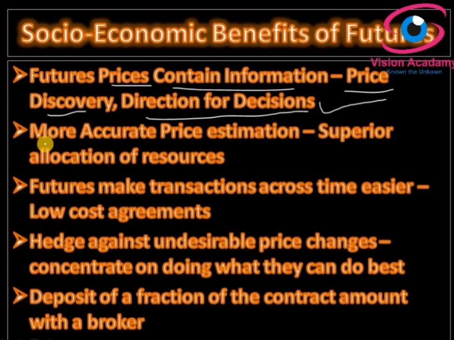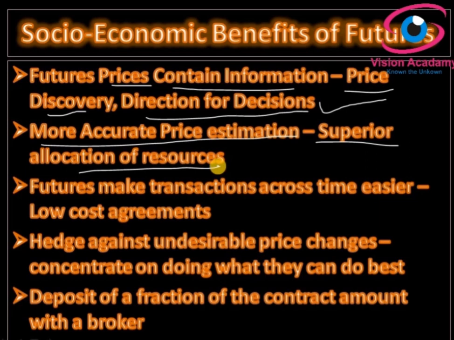One more benefit of futures contracts is that they give more accurate price estimation compared to anything else. The economic benefits of having a more accurate price estimate in advance are very well known. More accurate price estimates result in a superior allocation of resources.